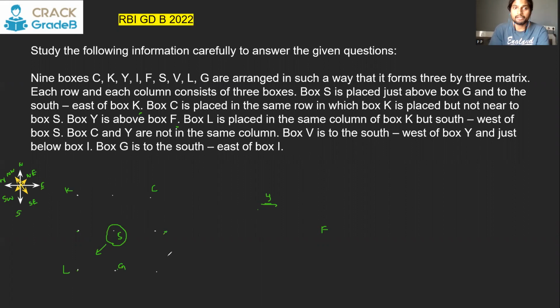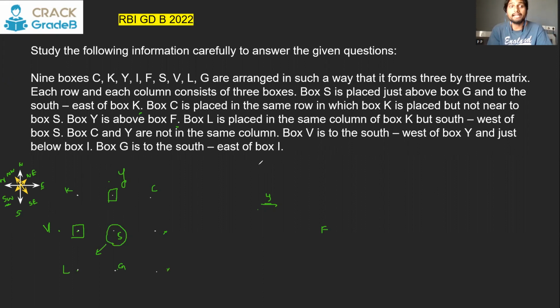So Y cannot be here, Y cannot be here. So Y could either be here or be here. So keep that on hold. V is to the southwest of Y. Southwest means this direction. So that means now Y can't be this as well, because somebody is on the southwest of Y. So Y could now only be this. So if this is Y, and it says V is to the southwest of Y, that makes this V.